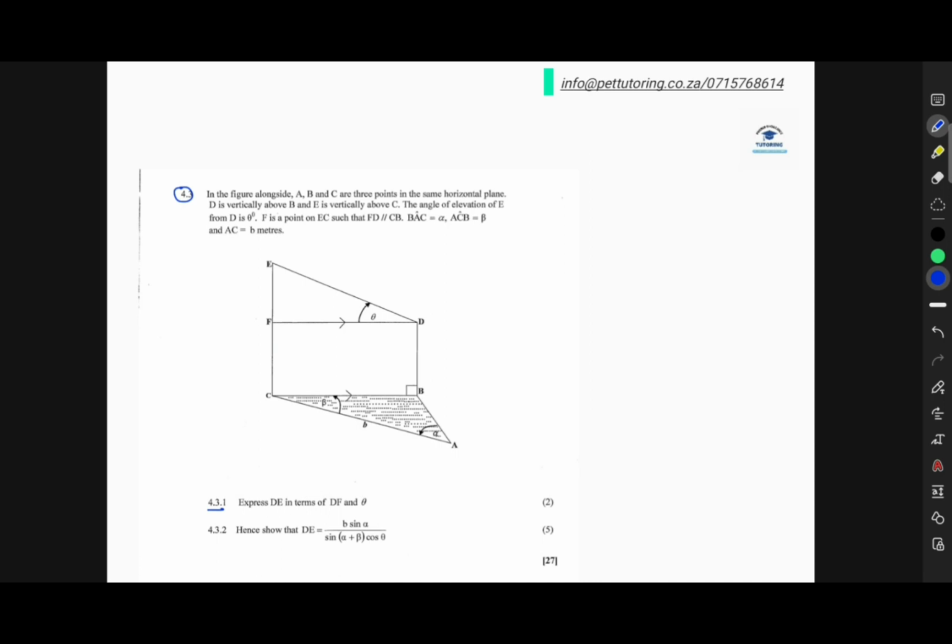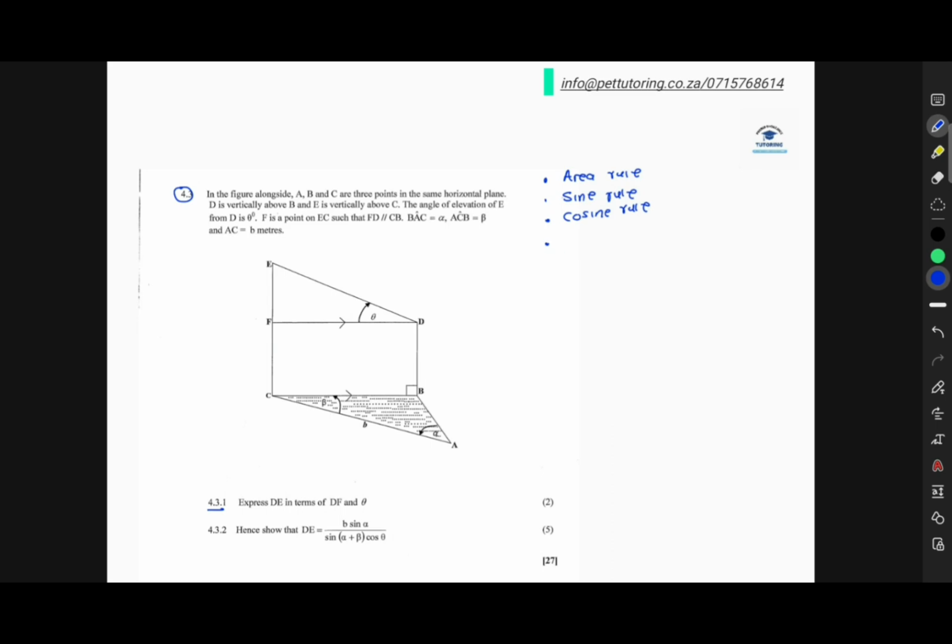You would recall, guys, when you answer any question in three-dimensional trigonometry, we need to use these rules. The first one is the area rule. Number 2 is the sine rule. Number 3 is the cosine rule.